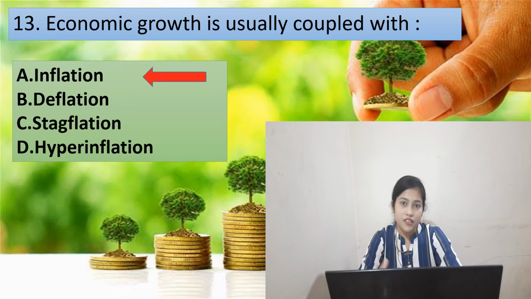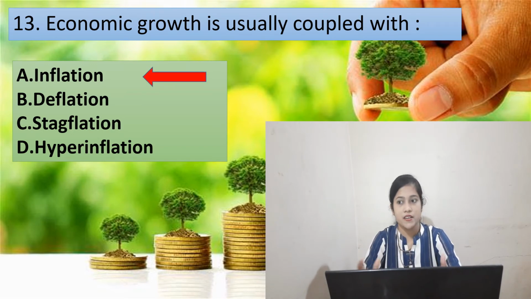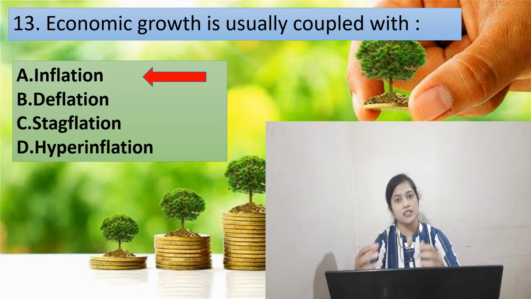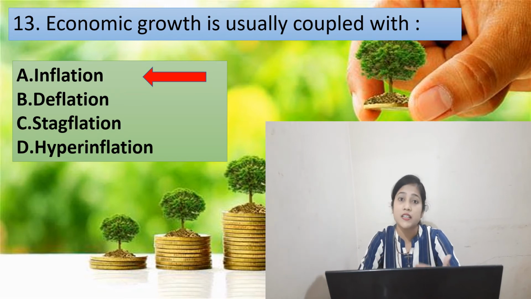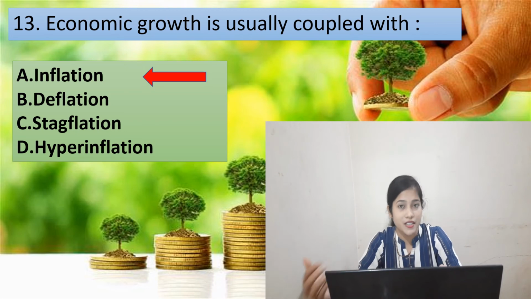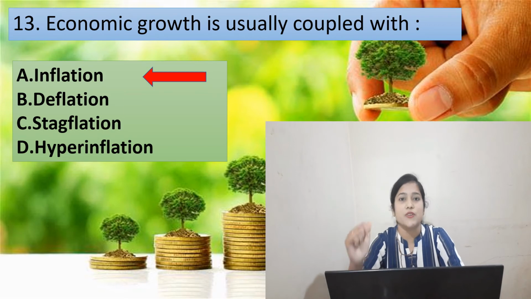Generally, when growth occurs in an economy, or simply when there is economic growth in a country, the disposable income with the consumers increases. And when the disposable income with the consumers increases, more money is present in the market, and when more money is present in the market, it leads to inflation.